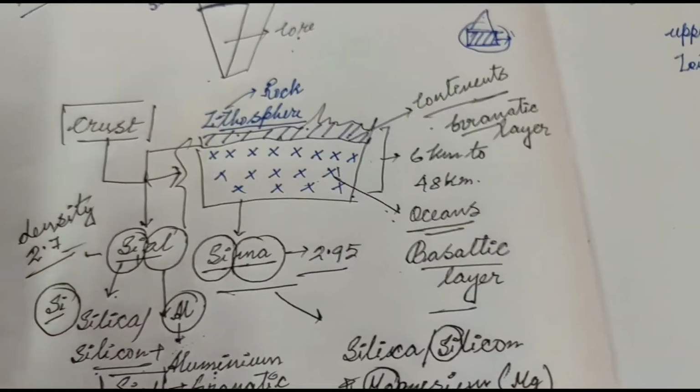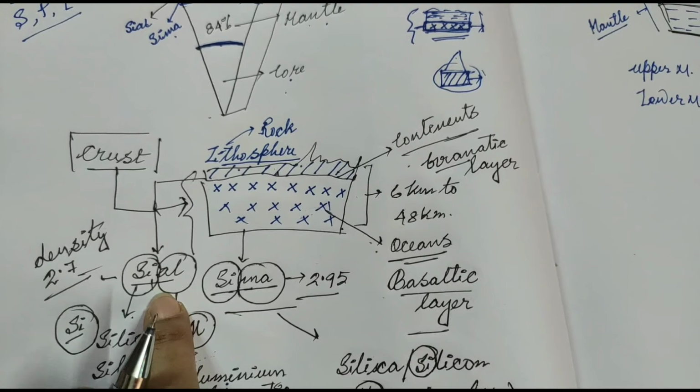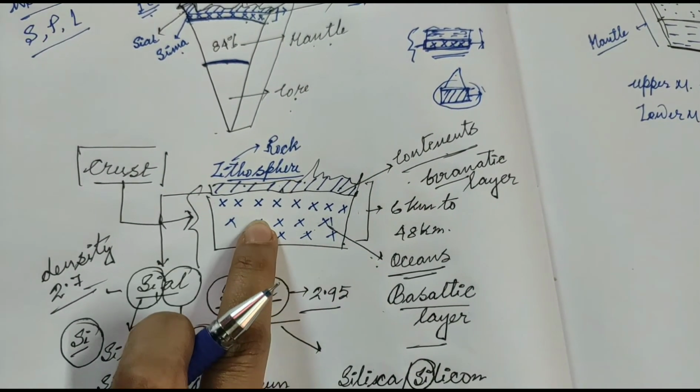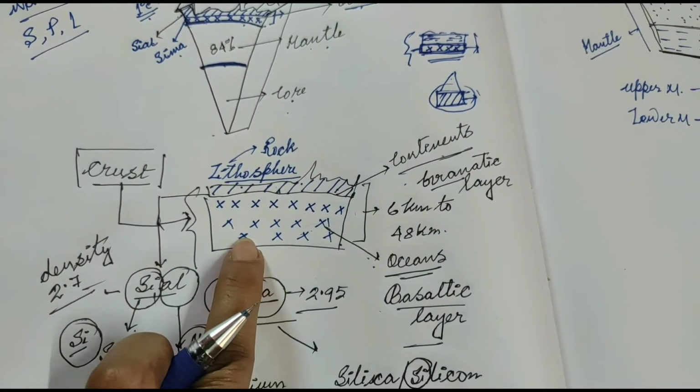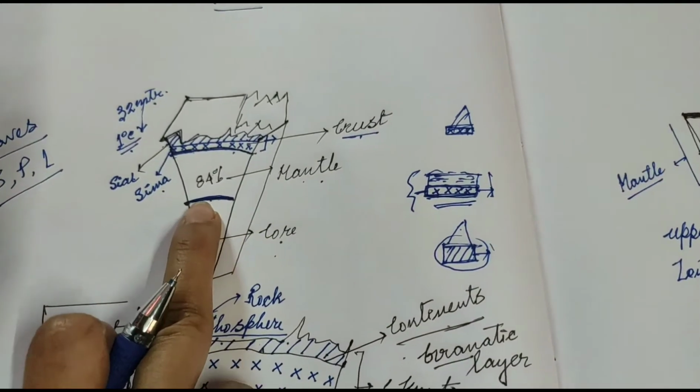First see that the upper part is Sial. Aluminium is only in the upper part of the crust, not in the lower part. This continuous crust is coming towards the mantle.